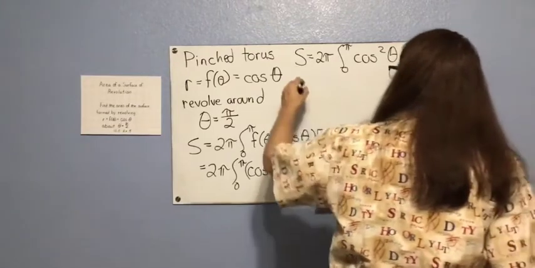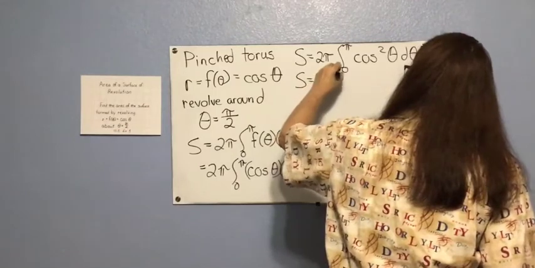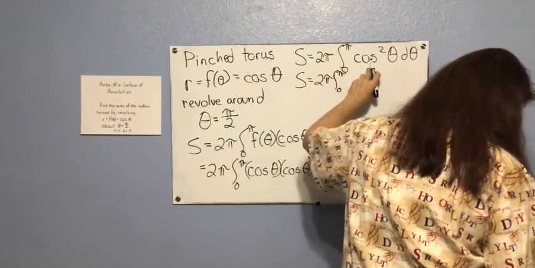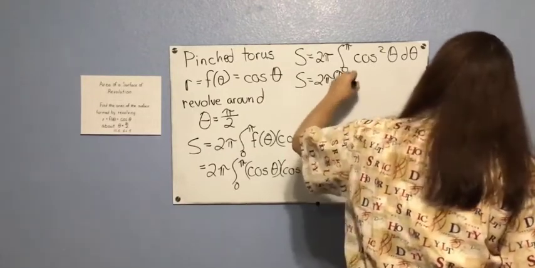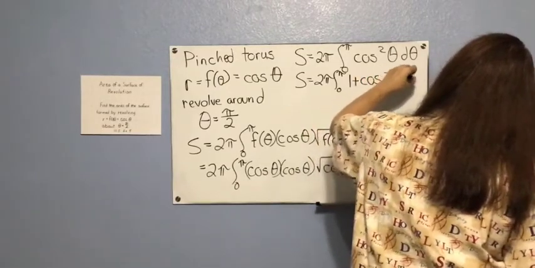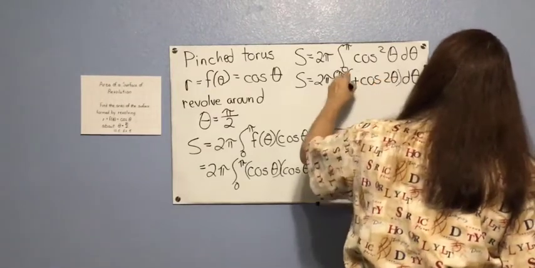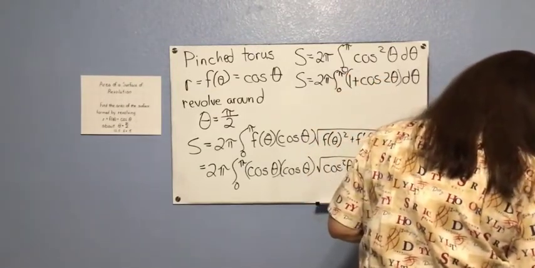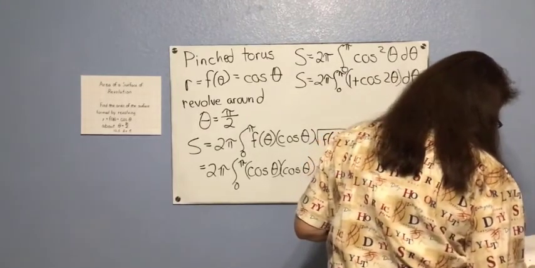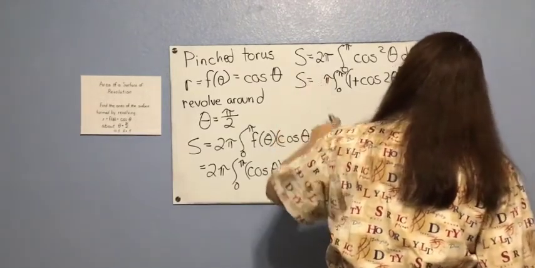Okay, now I'm going to use a trig identity to change that cosine squared theta to 1 plus cosine 2 theta over 2 d theta. Oh, we've got to factor out that 2 there.